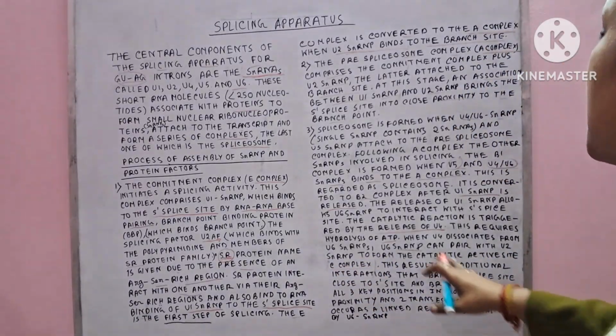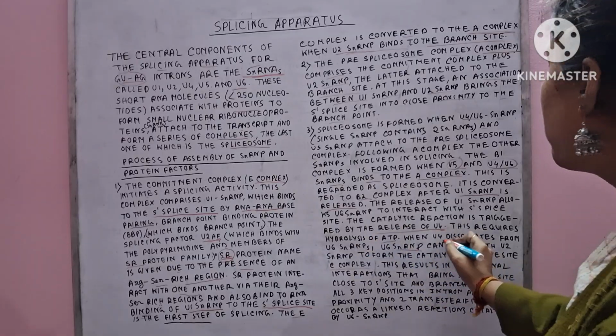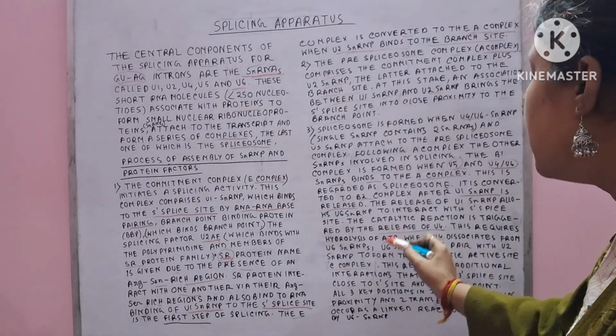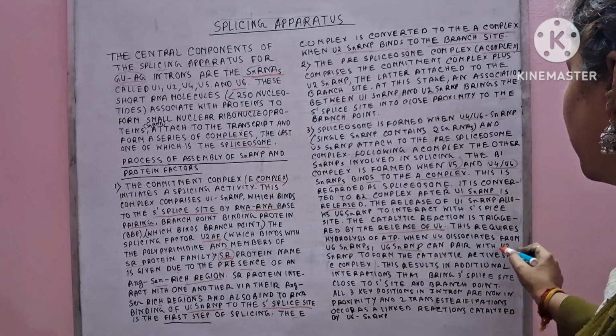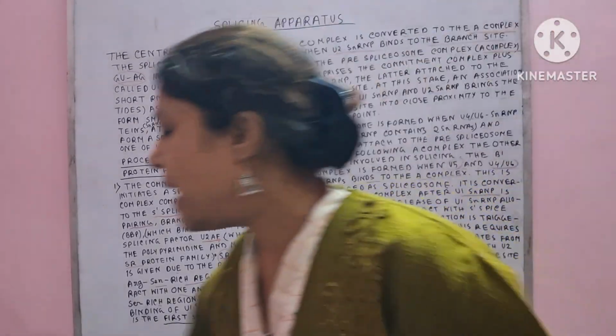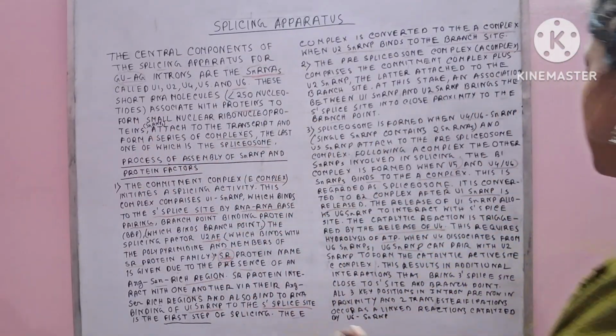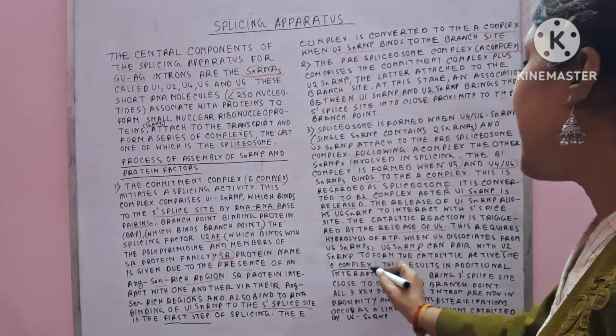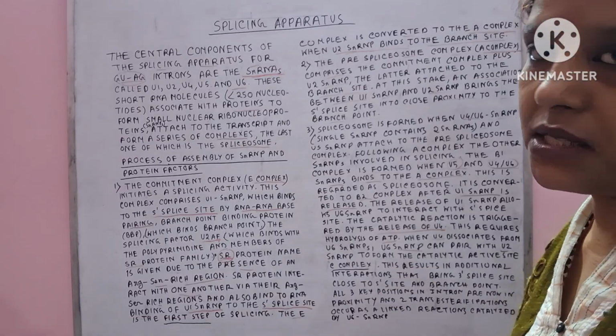Simple words: as U4 dissociates, what happens? U6 binds with what? U2. U6 binds with U2 to form the C complex, and it is the active site.